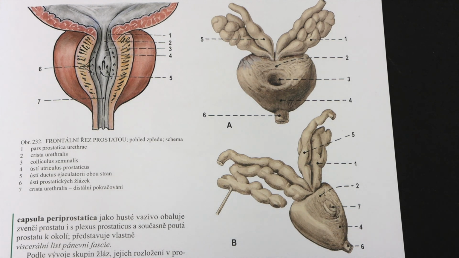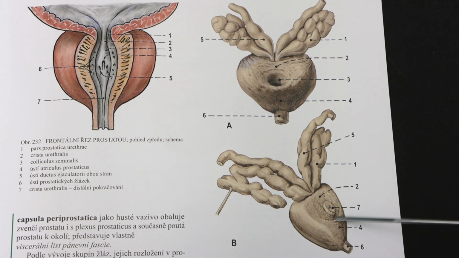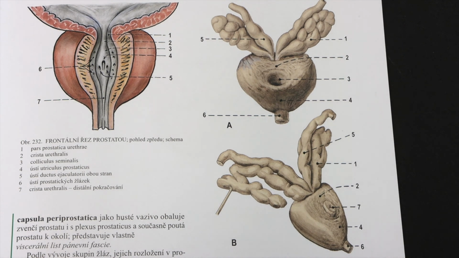So the position and the location of the prostate is anteriorly. It has the anterior surface, which is toward the symphysis pubis, and it's connected by the puboprostatic ligament and the puboprostatic muscle to the symphysis pubis.